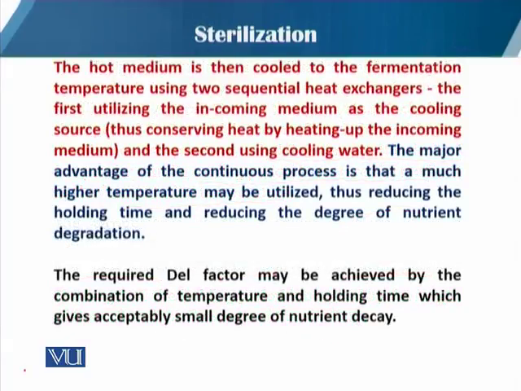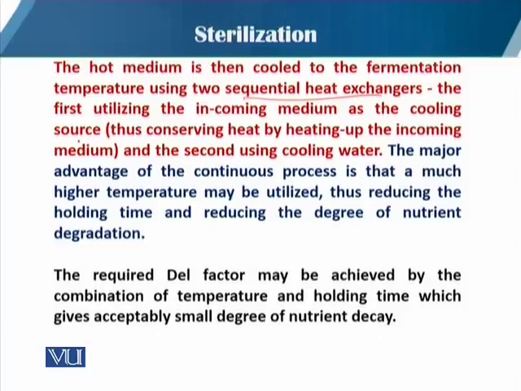The hot medium is then cooled to the fermentation temperature using two sequential heat exchangers. The first utilizes the incoming medium as the cooling source, thus conserving heat by heating up the incoming medium.